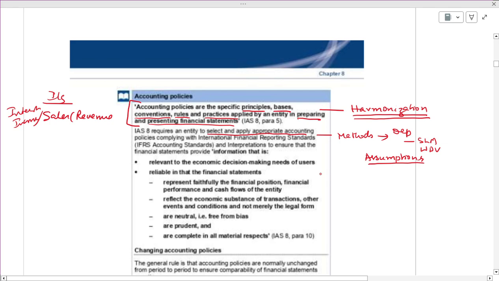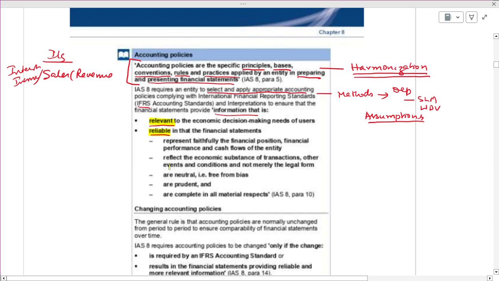They select and apply policies with respect to IFRS, and an interpretation, to ensure that the information is relevant and reliable. That's all I'm going to take on this.